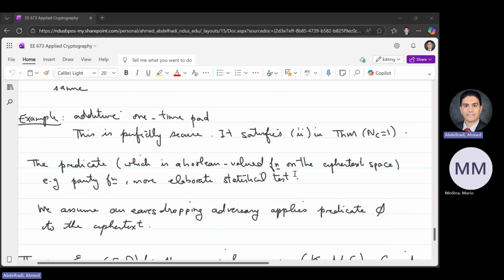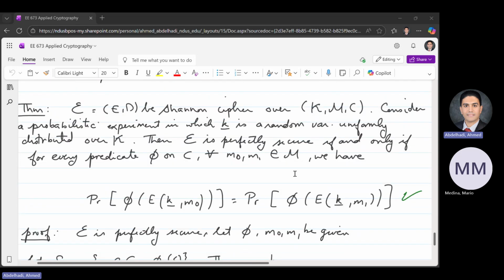Now we try to look into something else, which is called the predicate. A predicate is basically a type of function that you use to try to find some information about the encryption. We will have a lot of examples of different predicates, one of them, for example, being the parity. If, using the parity of the ciphertext, you can get some information about the original message, then this is a problem.